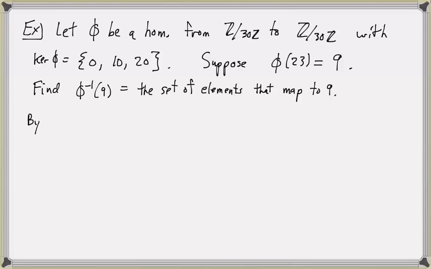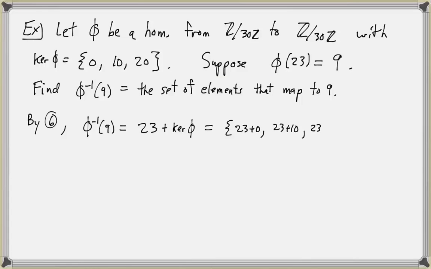Well, by property 6, we know that the pre-image of 9 must equal 23 plus the kernel of phi, since this group is written additively. So this gives us the set 23 plus 0, 23 plus 10, and 23 plus 20.